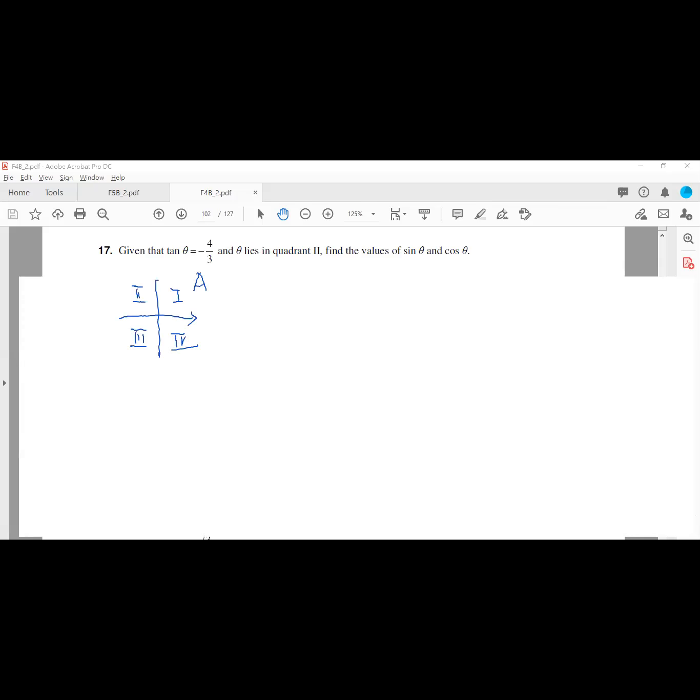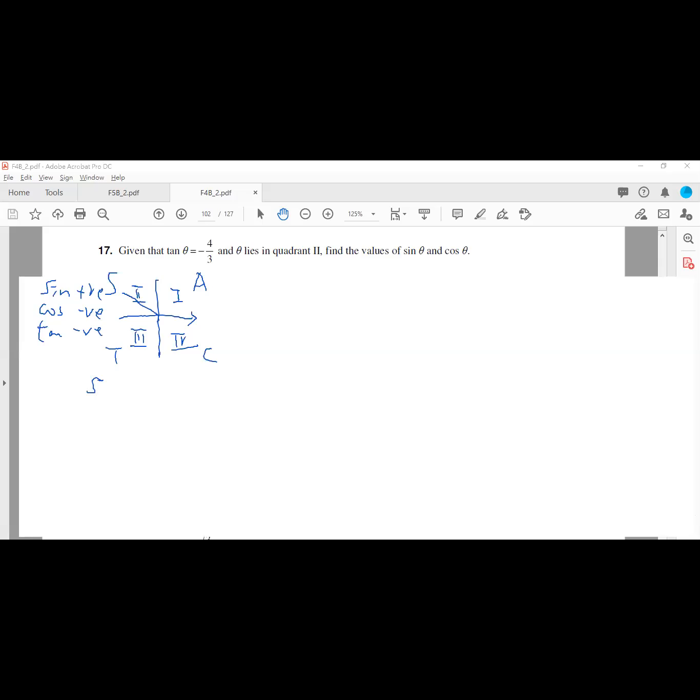A, S, T, C. Part 2 is S box. S stands for sine positive. Only sine is positive, which means that cosine is negative, tangent is negative. It's okay? And now, the question asks us to find sine theta and cosine theta.